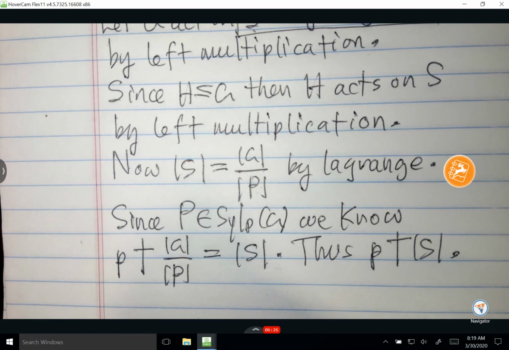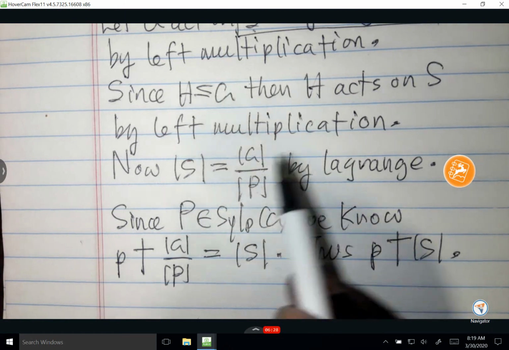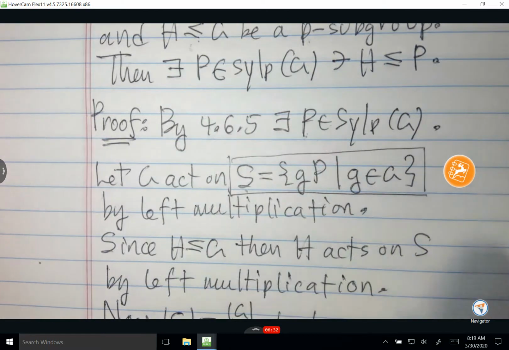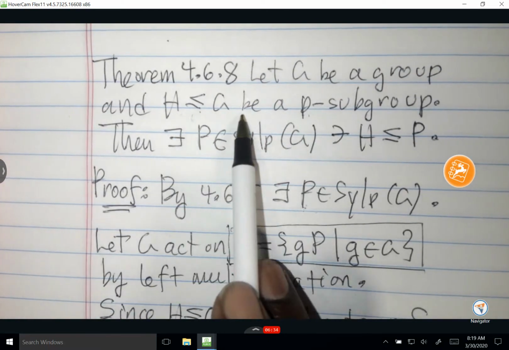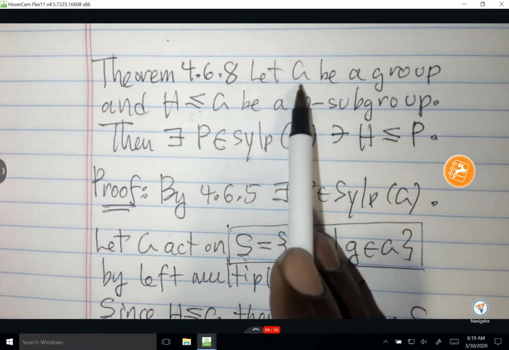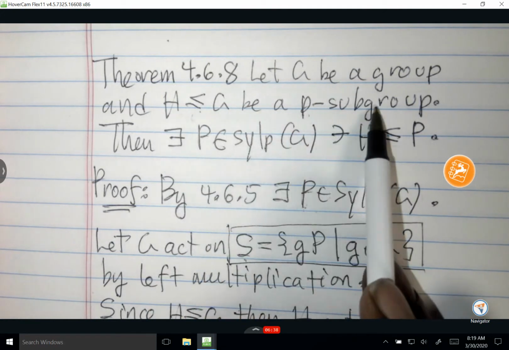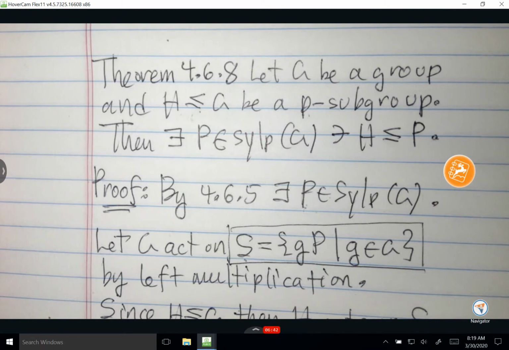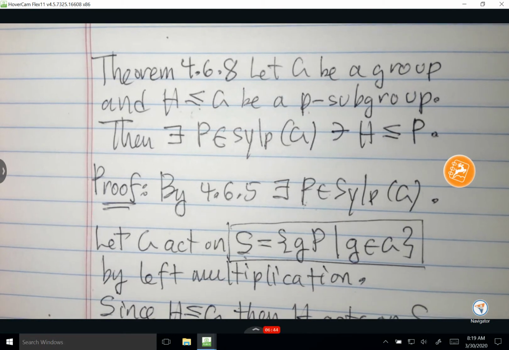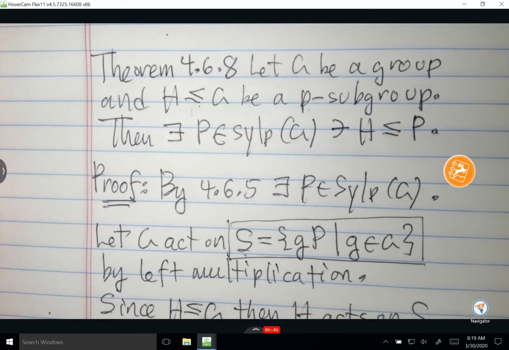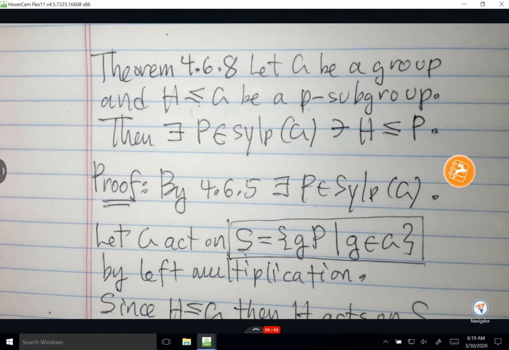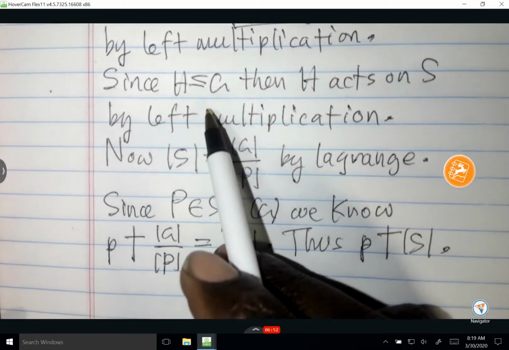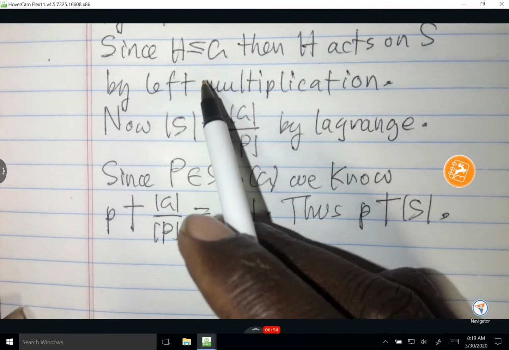Now H is a P group. G's not a P group, but H is, because it says right here, H is a P subgroup of G. And so we have a P group acting on a set whose order is not divisible by P. You know from a previous homework problem, several homeworks ago, that means there's a fixed point.